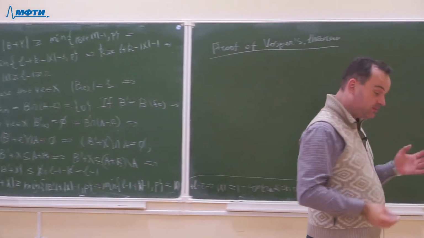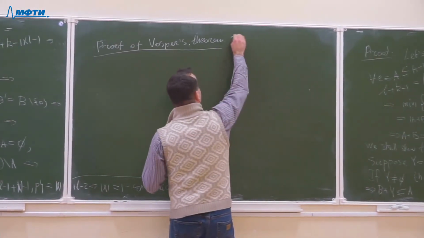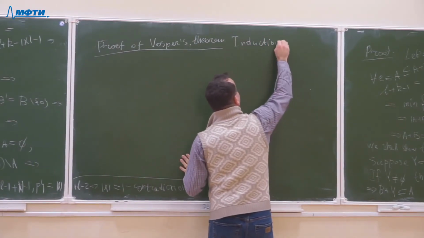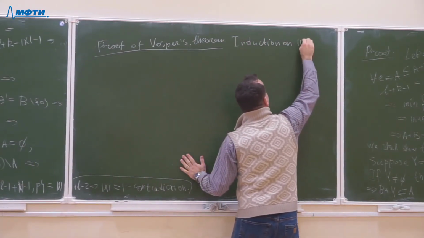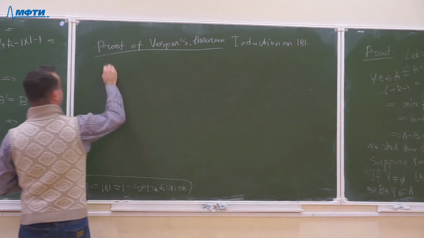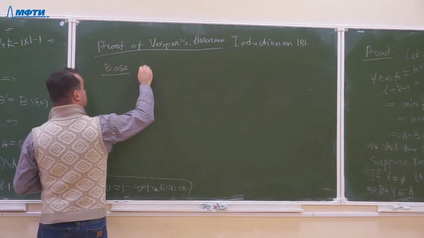Well, we proceed by induction on the cardinality of B. Base: the cardinality of B is 2.